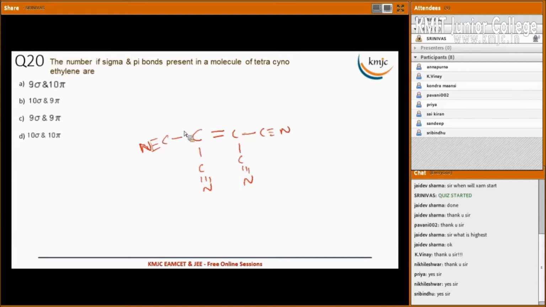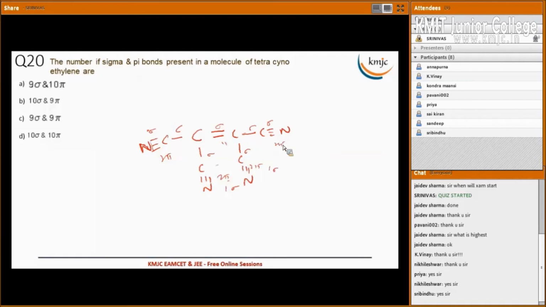So when you draw it, calculate its sigma bonds and pi bonds: one sigma and 2 pi bonds for each cyano group.